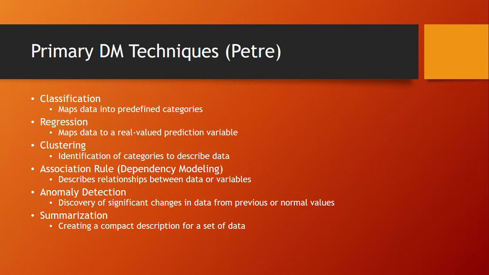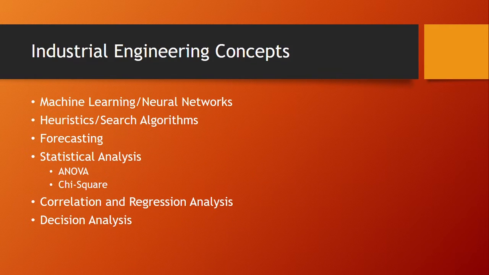Association rule, or dependency modeling, which describes relationships between variables, which again we'll look at in MATLAB. Anomaly detection, which is the discovery of significant changes in data from previous or normal values. And summarization, which is taking all the data that you've collected and coming up with a compact way to describe a very large data set.